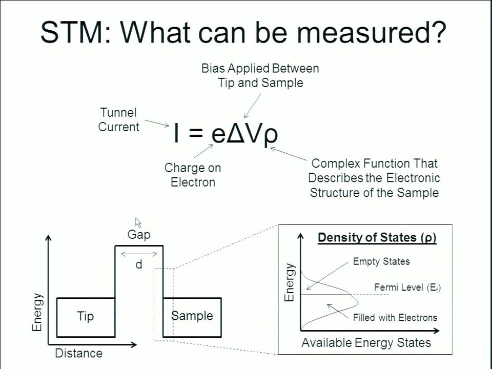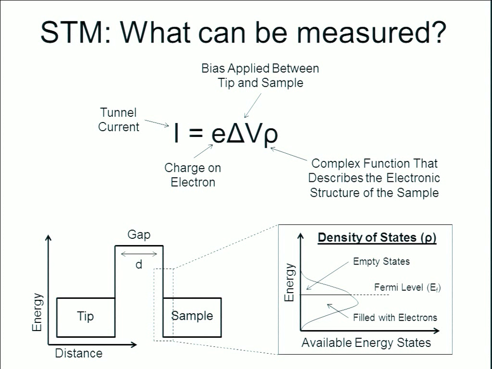What can be measured? Well, we see this equation: the tunneling current is equal to the charge on the electron, then the bias applied between the tip and sample. Again, that can help overcome the work function and allow tunneling to occur more readily. Then we also have a complex function describing the electronic structure of the sample.